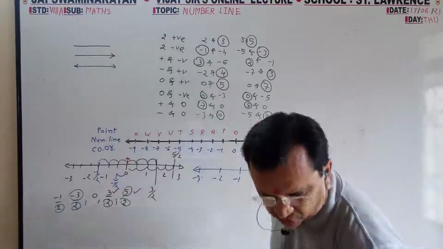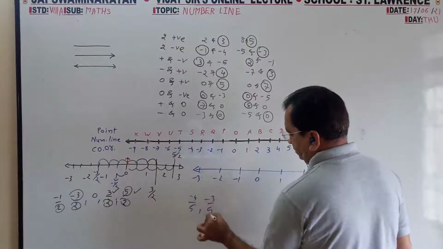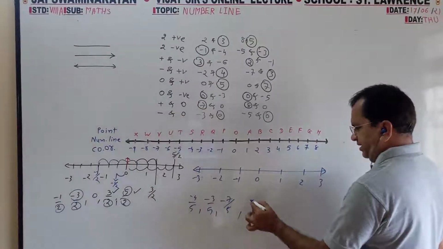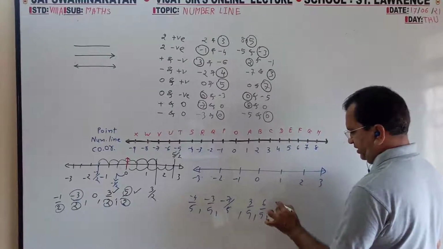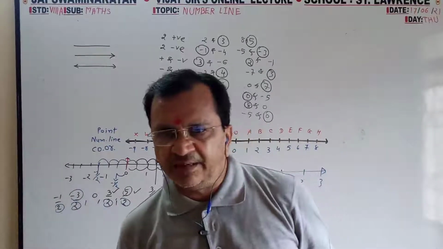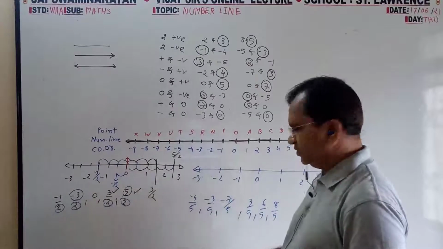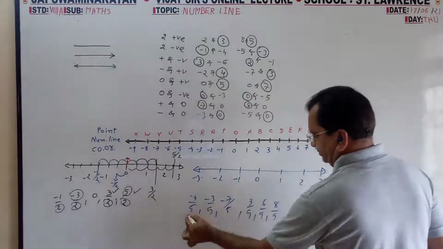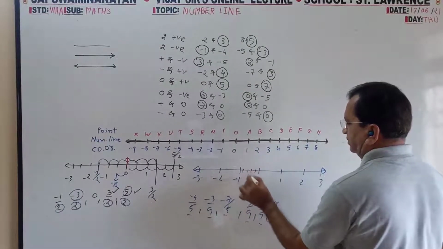Now we have to show -4 by 5, -3 by 5, -7 by 5, and 3 by 5, 6 by 5, 8 by 5. This we have to show on a number line. Now there are all 5, 5, 5, 5, 5. So we will make 5 parts.